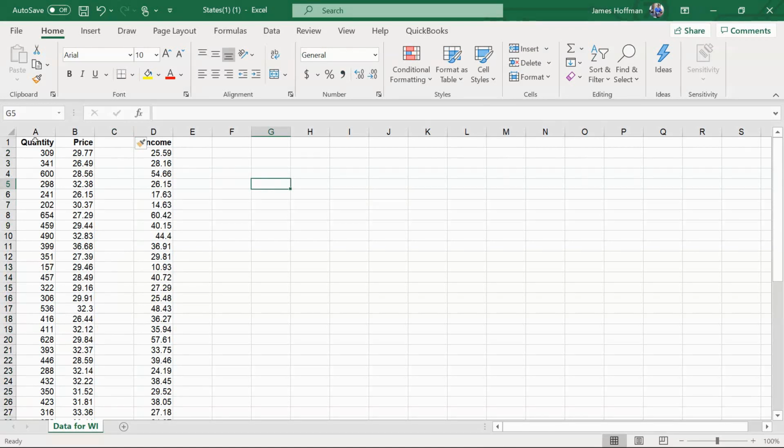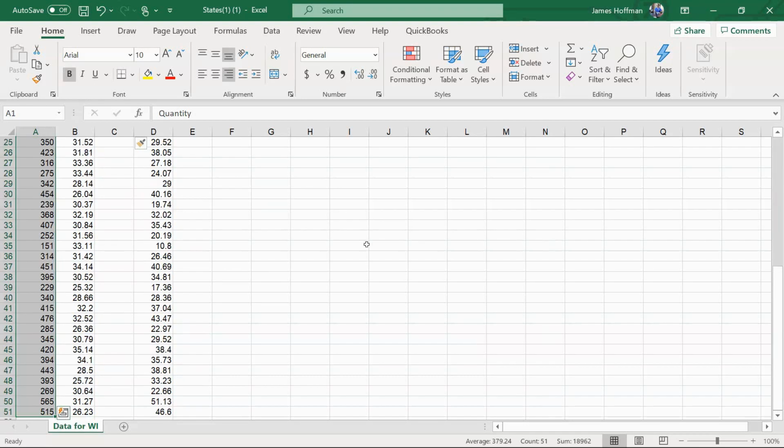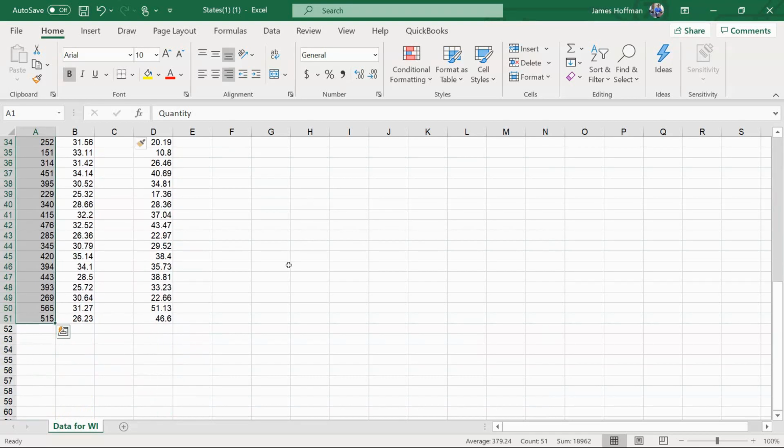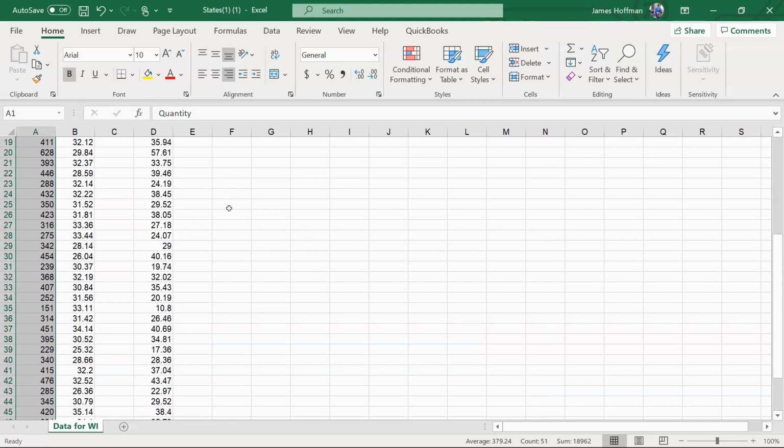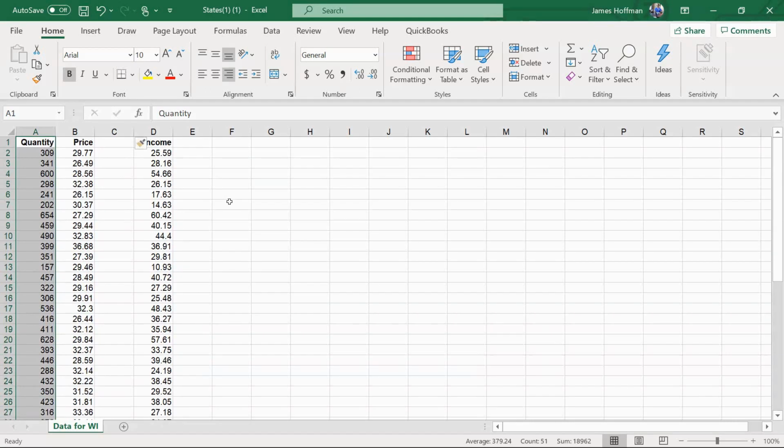So I want to put the quantity column next to price and then next to income. So I'm going to select the quantity column. You should have about 50 observations. So I selected A1 to A51. Control C copies and Control V pastes.